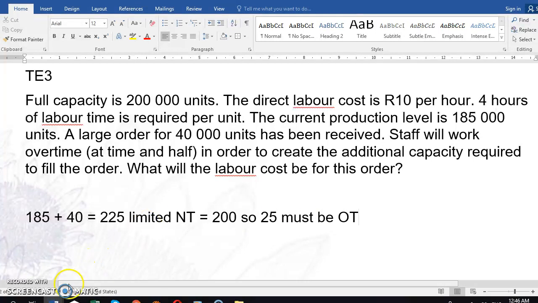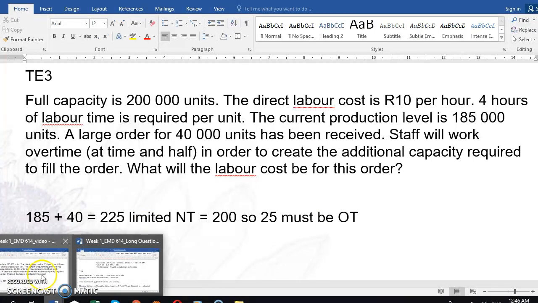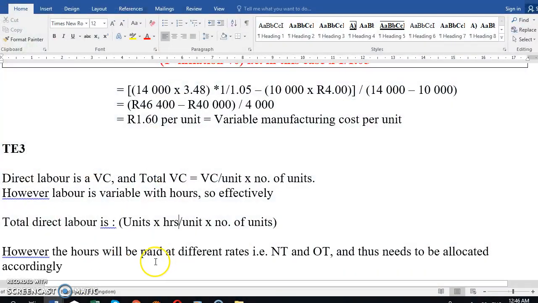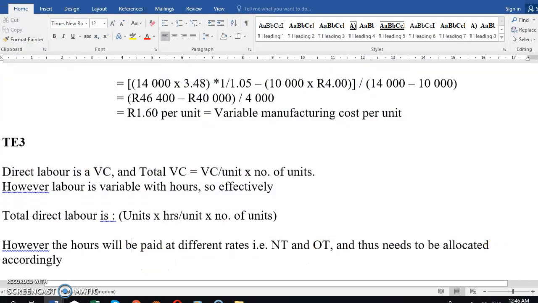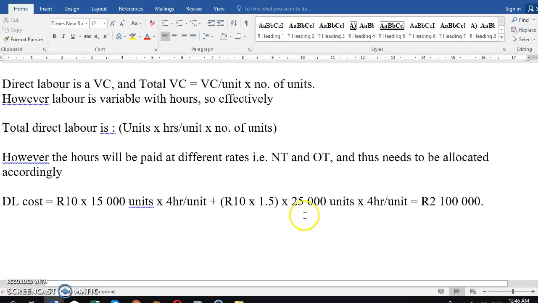Alright, so because of that, we just need to remember that the hours will be paid at different rates: a different rate for normal time and a different rate for overtime, and therefore you need to allocate the rates accordingly.